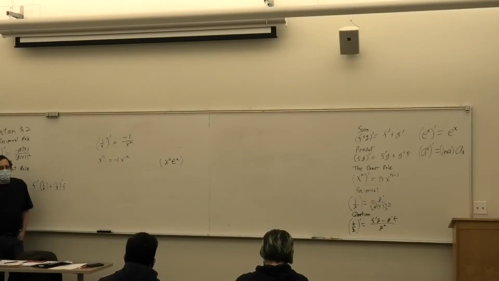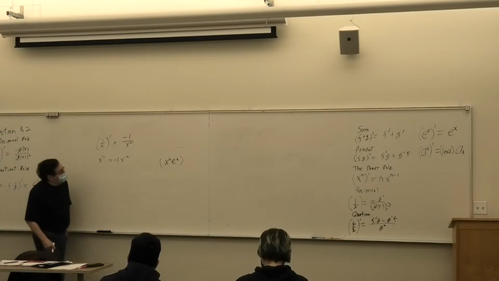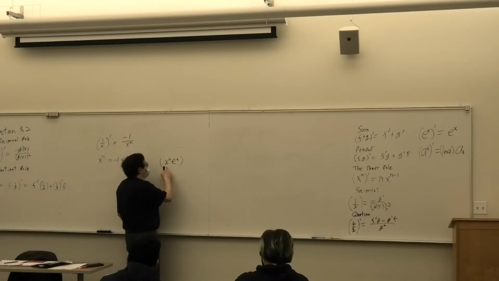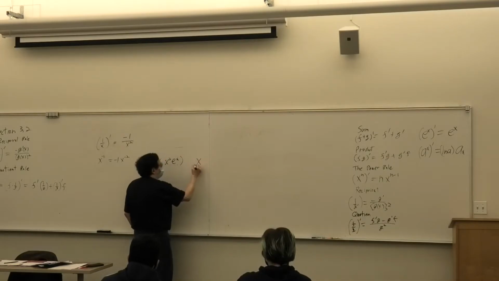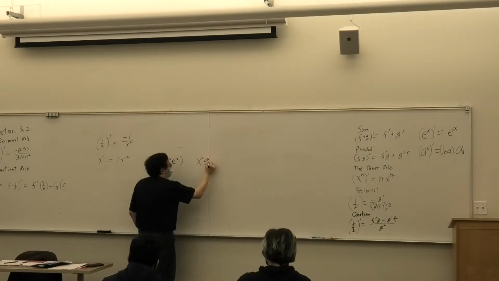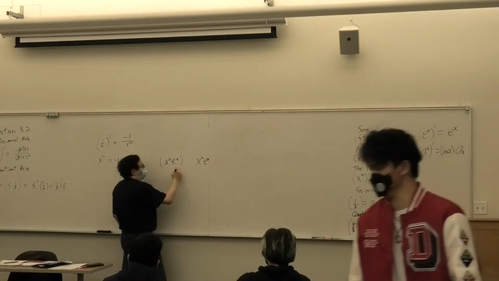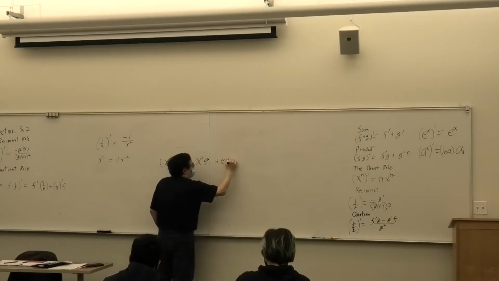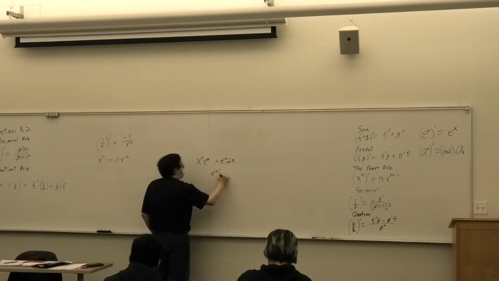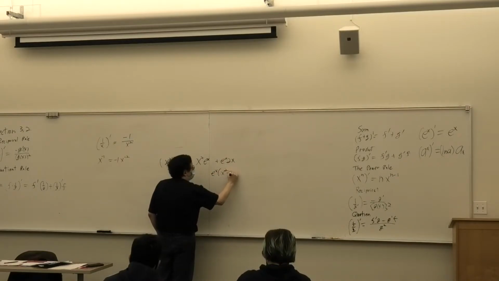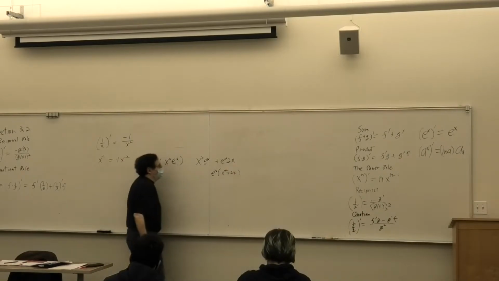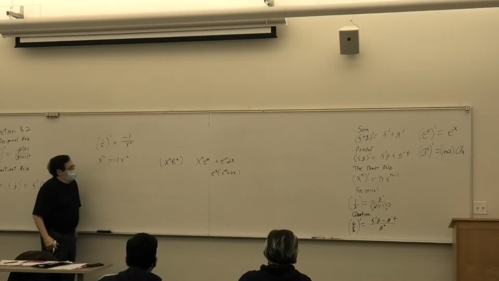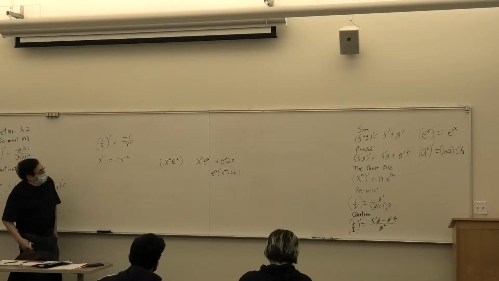I don't think we've learned anything if we do that. So this is x squared times the derivative of e to the x, which is e to the x, plus e to the x times the derivative of x squared, which is 2x. So this is just e to the x times x squared plus 2x. I don't know any other way to do it.